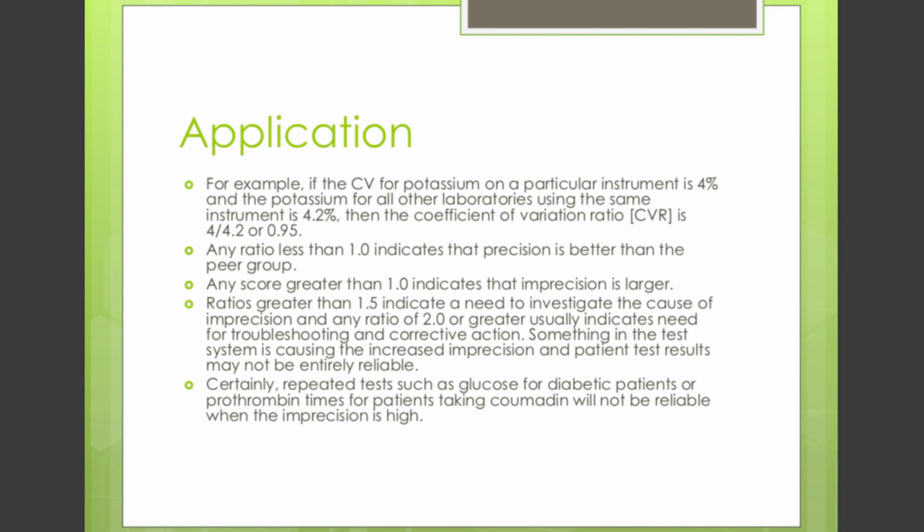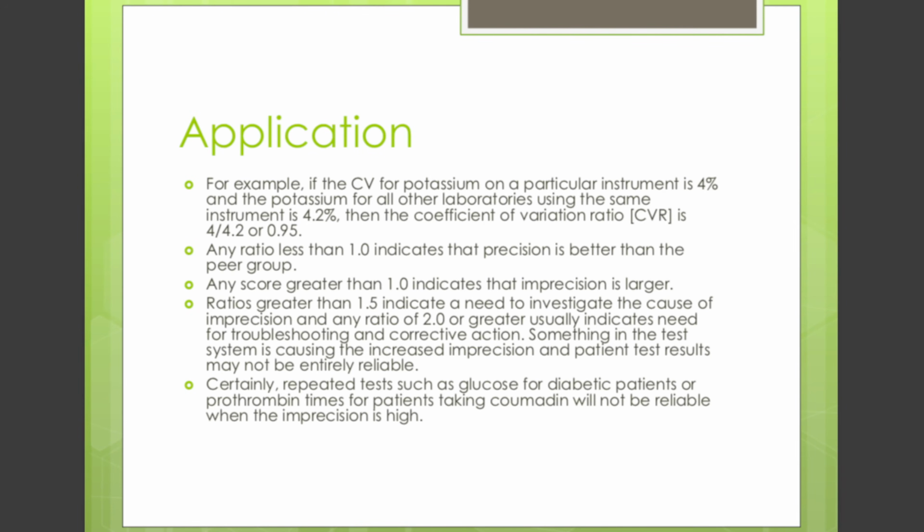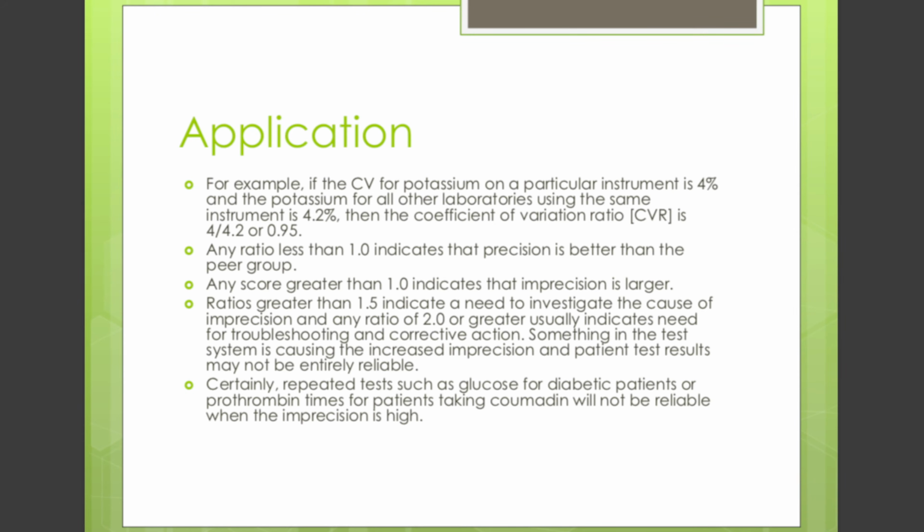Any ratio less than 1 indicates that precision is better than the peer group. Any score greater than 1 indicates that imprecision is larger. A ratio greater than 1.5 indicates a need to investigate the cause of imprecision, and any ratio of 2 or greater usually indicates need for troubleshooting and corrective action.